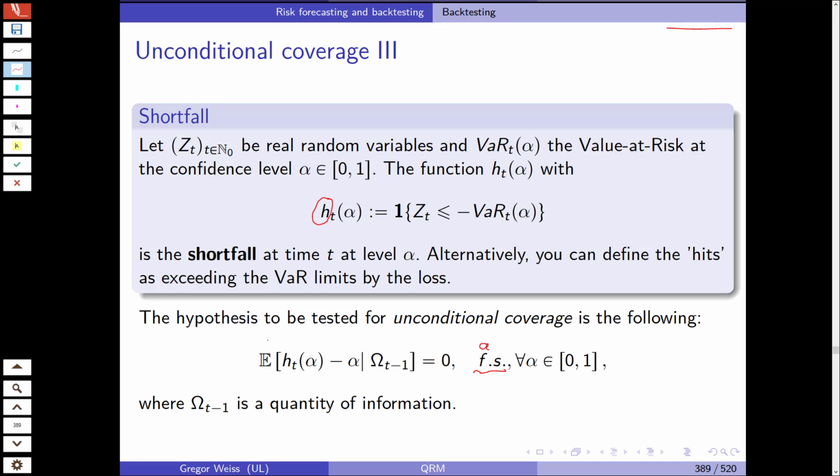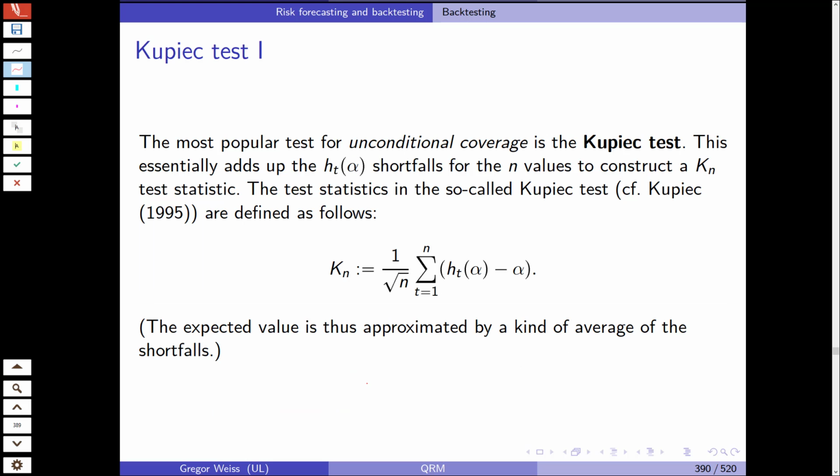And then this is simply the expected divergence between the true hit probability and the confidence level, given all information until point t minus 1, that should be 0. Alternatively, we could also say the conditional expected value of H_t should be alpha. It's the same thing. So there shouldn't be too many or too few exceedances in comparison to the confidence level alpha. So that's a very simple test.